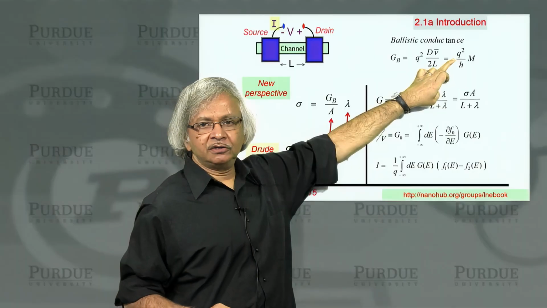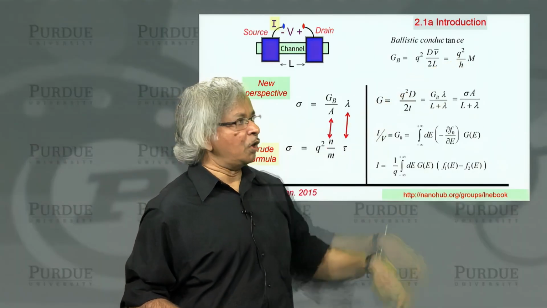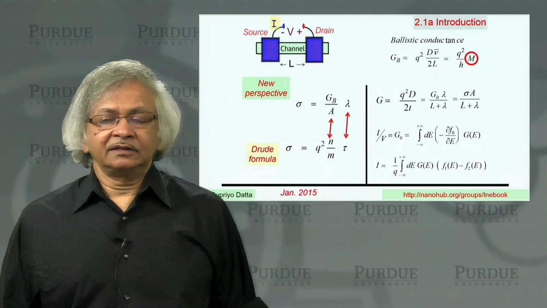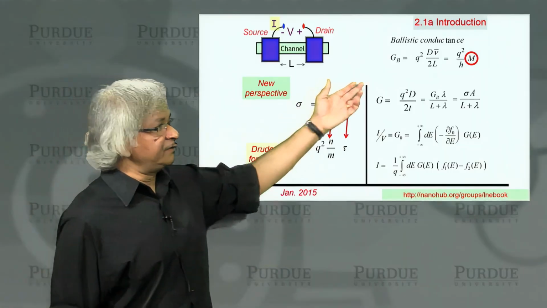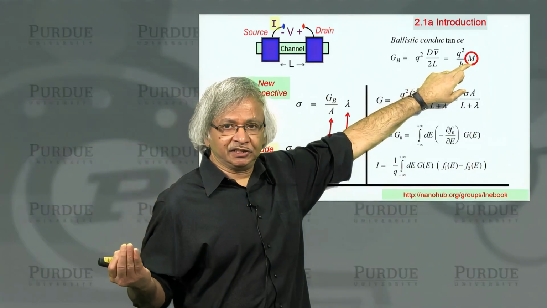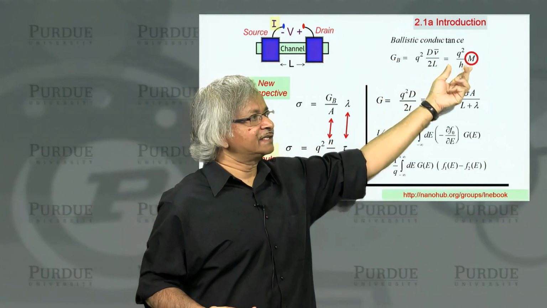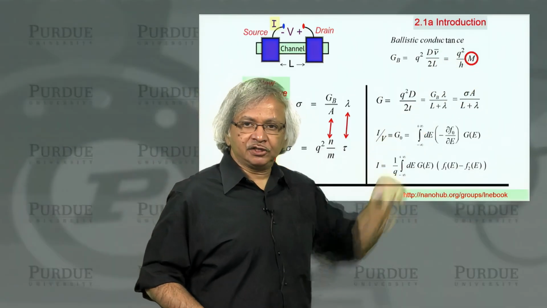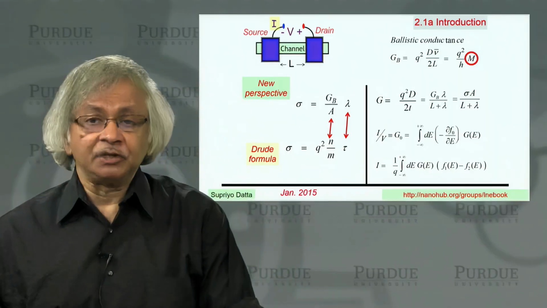And we also wrote it in terms of what's called the number of modes, M. And one of the important things we have learned in mesoscopic physics and nanoelectronics is that in really small devices, that M is an integer, so that the ballistic conductance is actually quantized in terms of this conductance quantum, q squared over h. So these are the things that we talked about in the last unit.